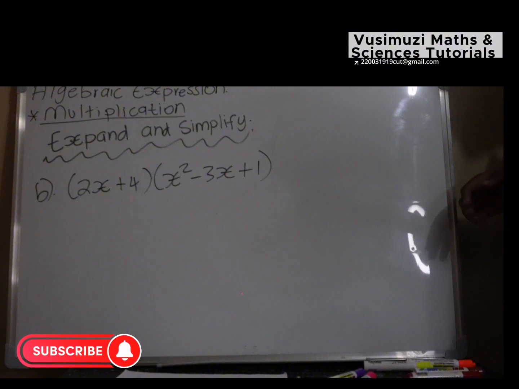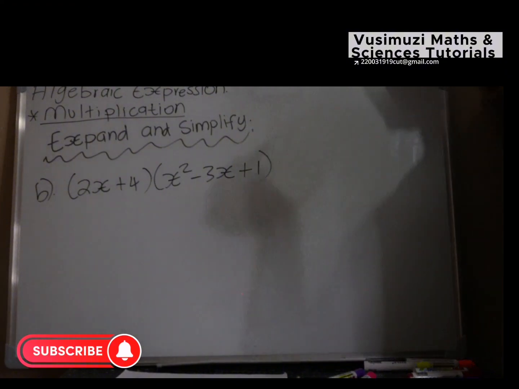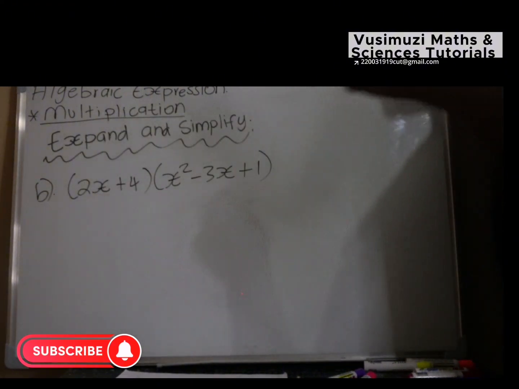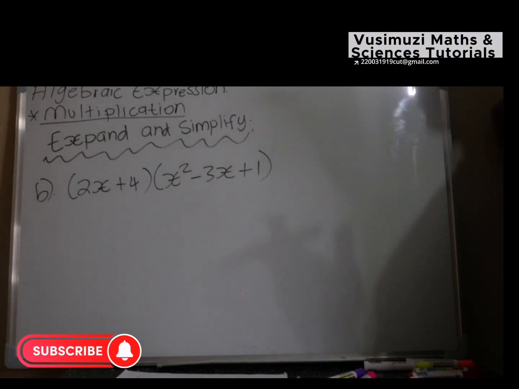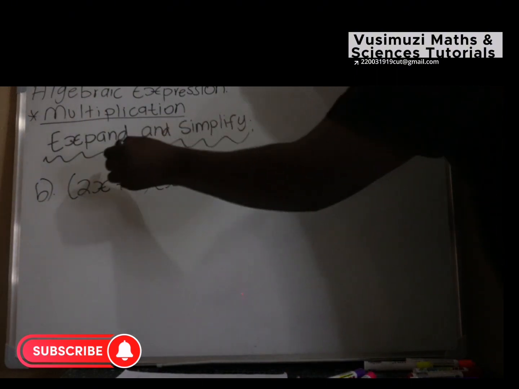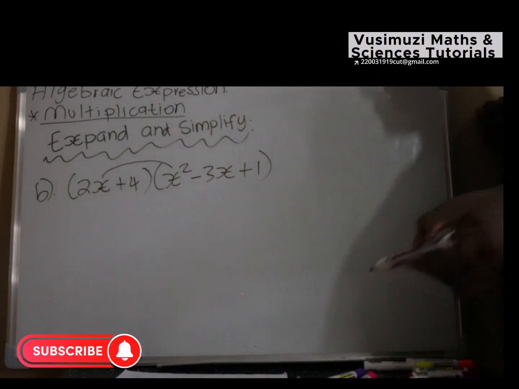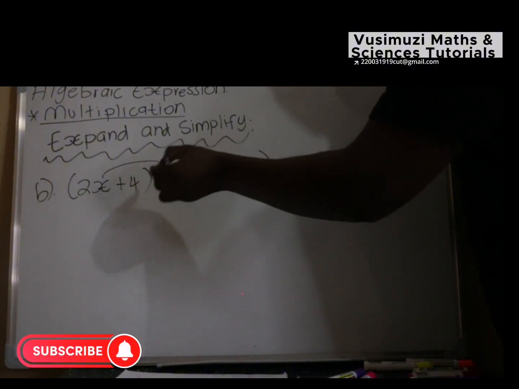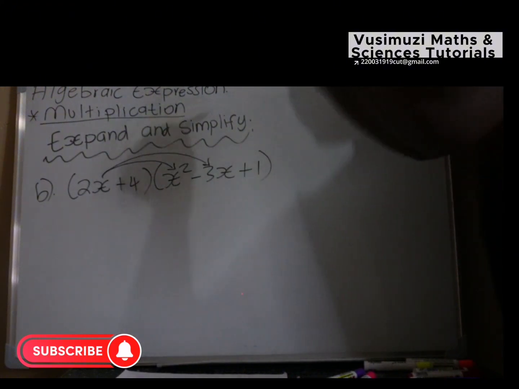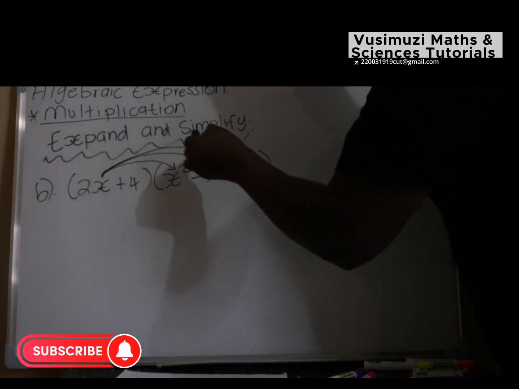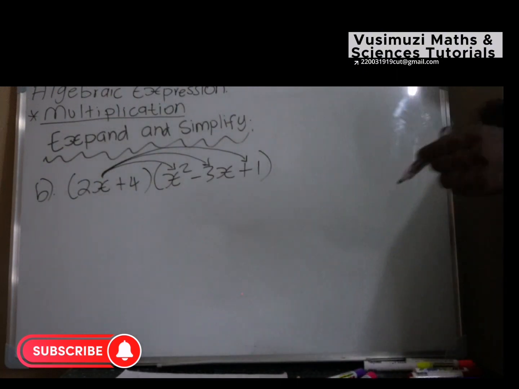It's simple. How do you simplify such a product? The first term of our binomial is going to multiply out the 3 terms of the trinomial. I have 2x times x squared here, 2x again times negative 3x, 2x again times positive 1.